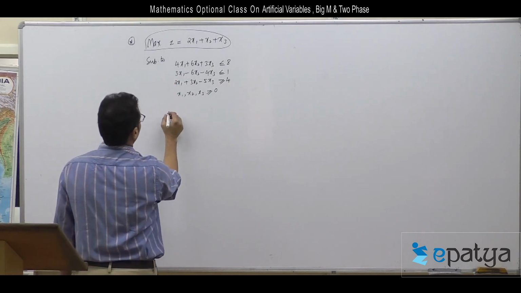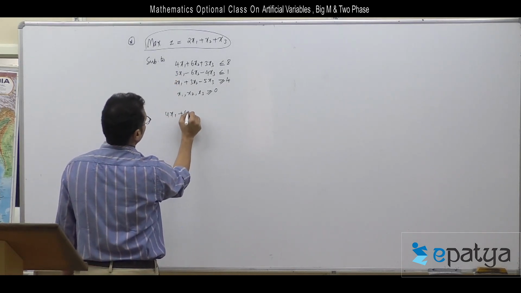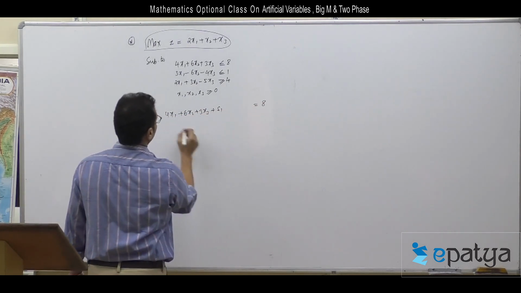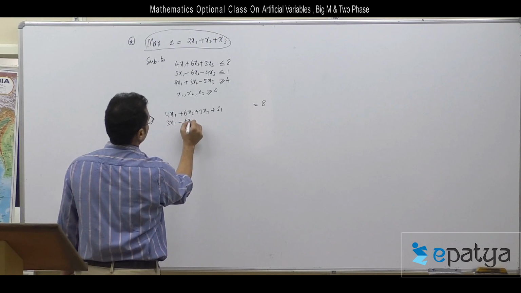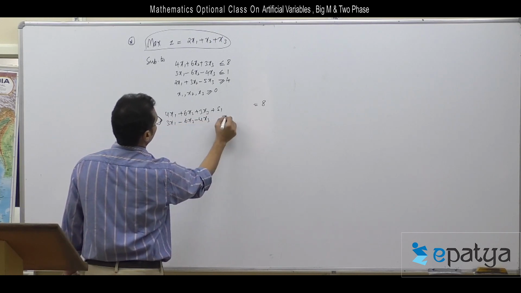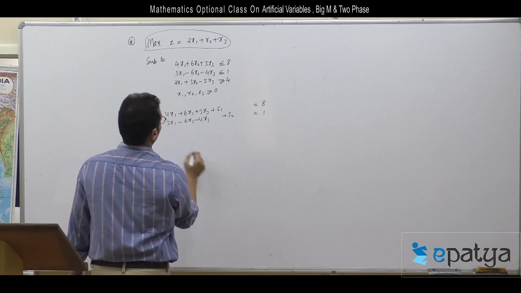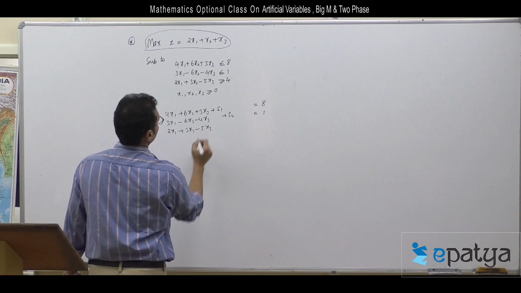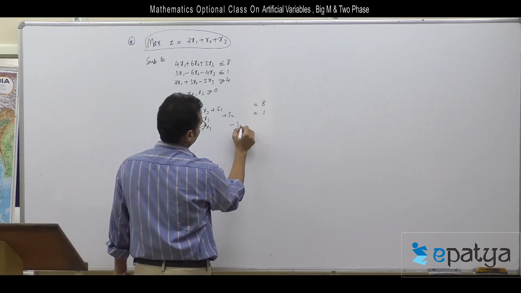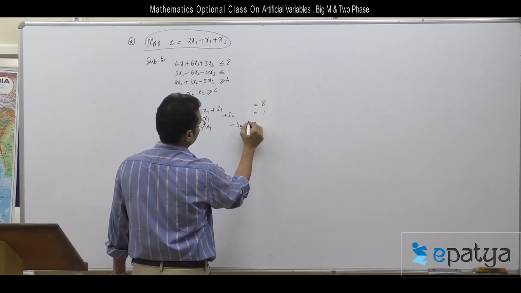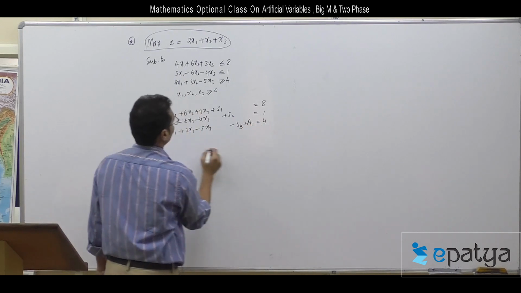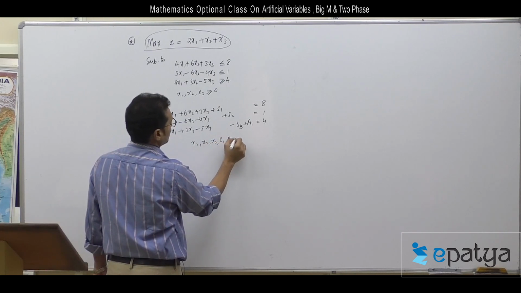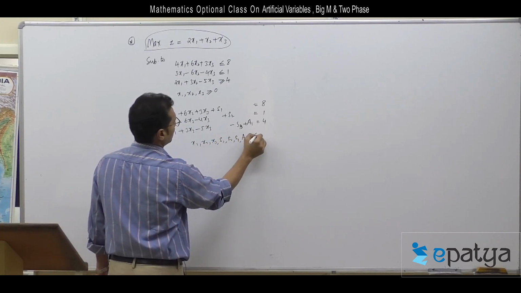Coming to the conditions: 4x1 plus 6x2 plus 3x3 plus s1 equal to 8, 3x1 minus 6x2 minus 4x3 plus s2 equal to 1, 2x1 plus 3x2 minus 5x3 minus s3 plus a1 equal to 4, with x1, x2, x3, s1, s2, s3, a1 all non-negative.